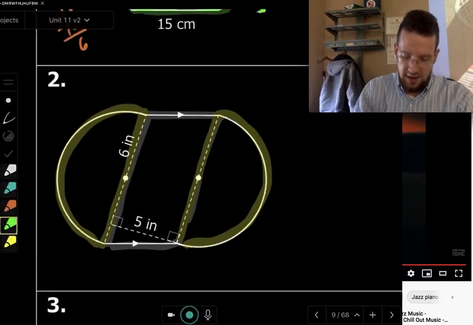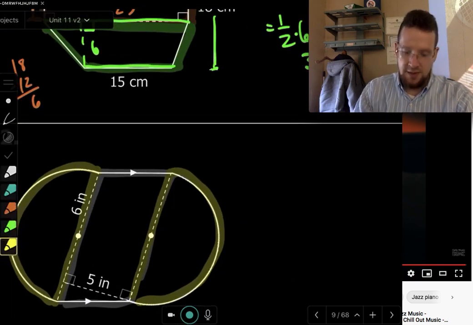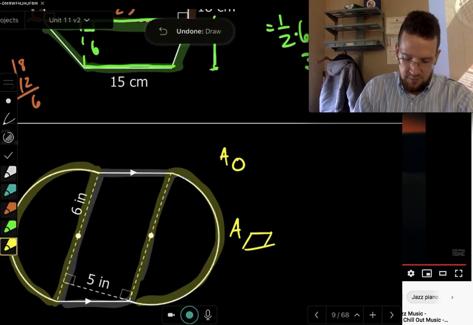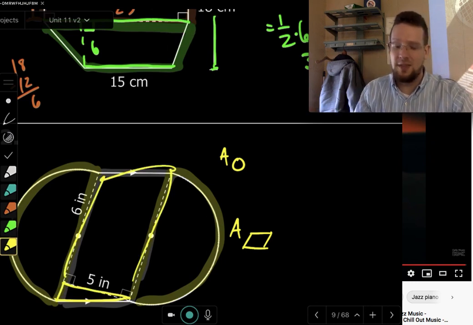So we have two areas. We have the area of the circle, and we have the area of what looks like a parallelogram. Now, this is not a triangle down here and then some trapezoid. It's not find the area of the trapezoid, then find the area of the triangle.